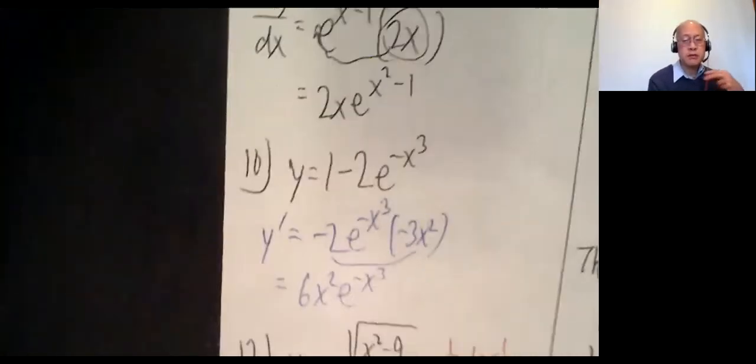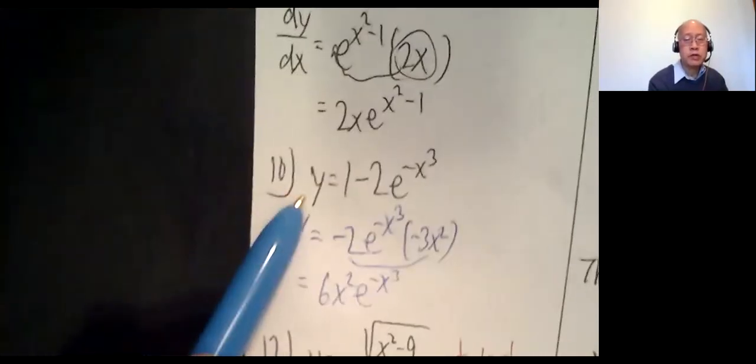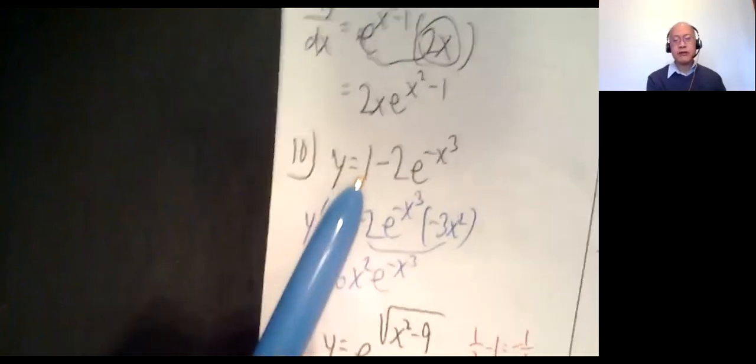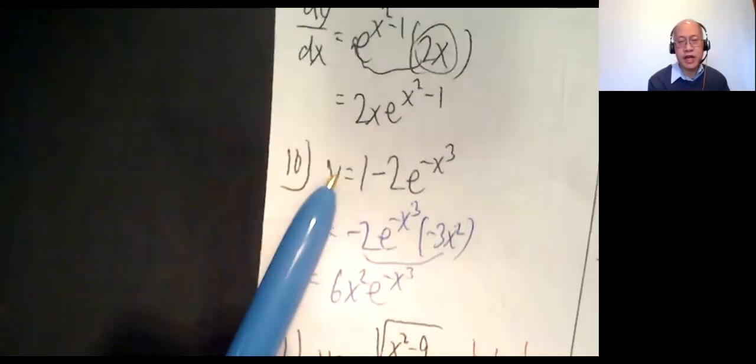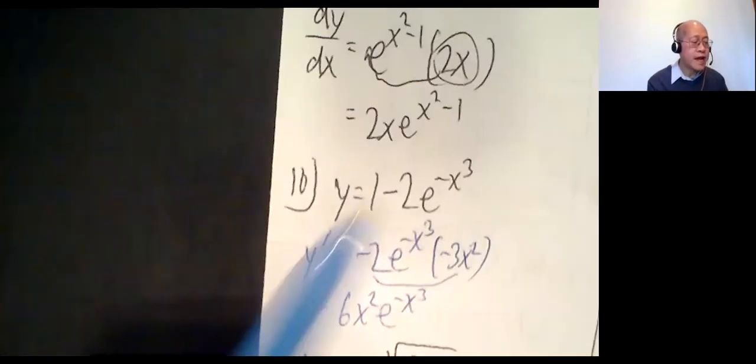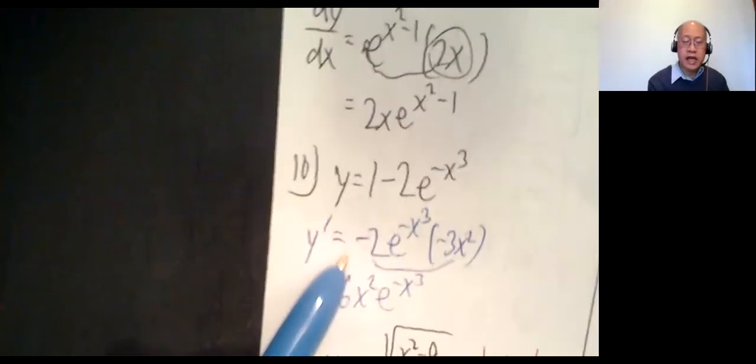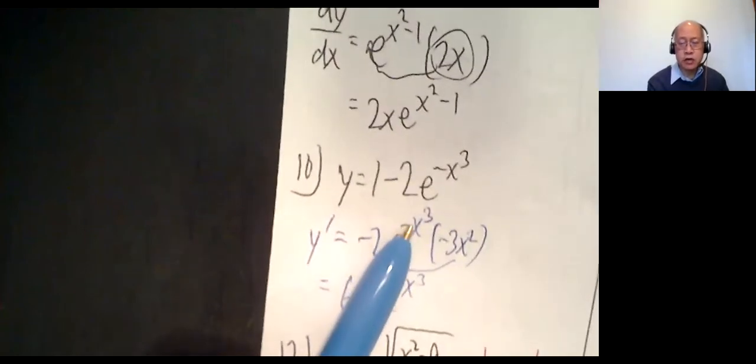All right, number 10. y equals 1 minus 2 e to the negative x cubed. Okay, well, the derivative of 1 is easy. It's 0, right? So just forget about it. Pretend it's not even there for now. Okay, the derivative of negative 2 e to the negative x cubed is negative 2 e to the negative x cubed.